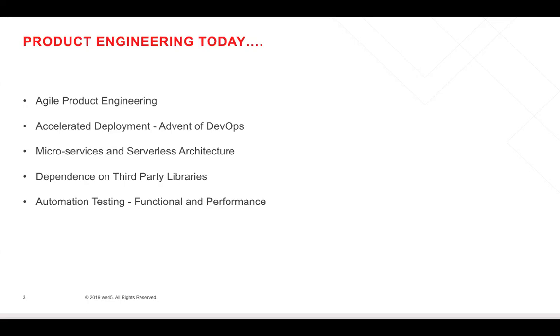Having said that, if you look at today's product engineering processes and technology, it has moved a lot, not in the last decade, but even in the last 2 to 3 years or the last 5 years. You've seen a significant change in the way that product engineering has evolved.